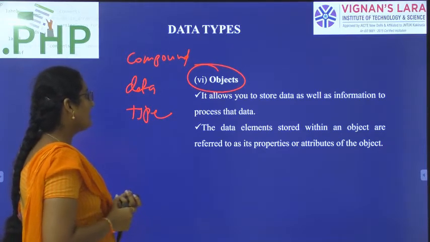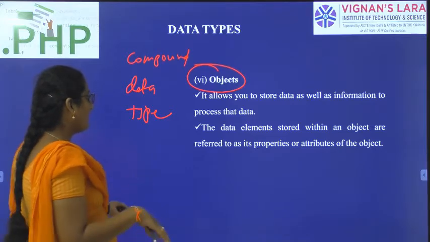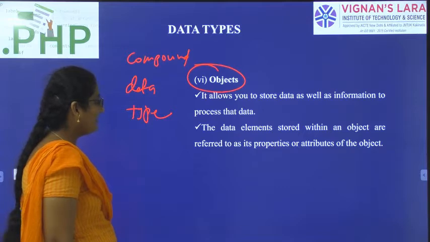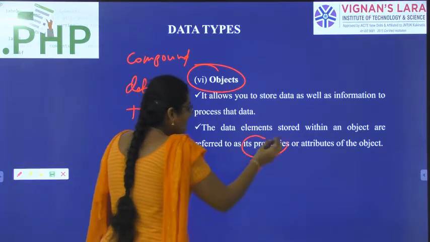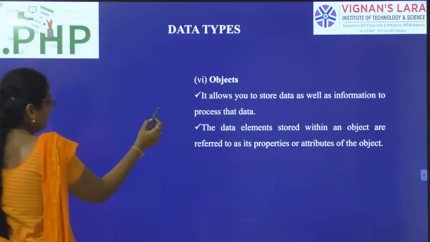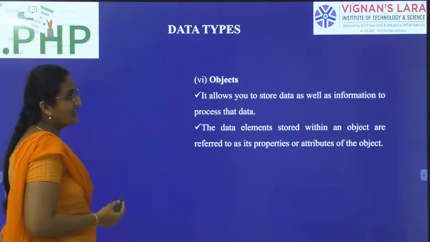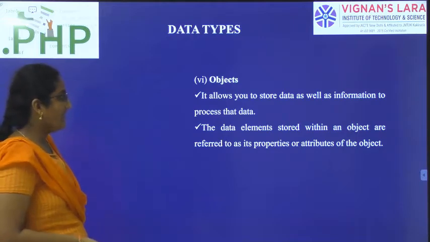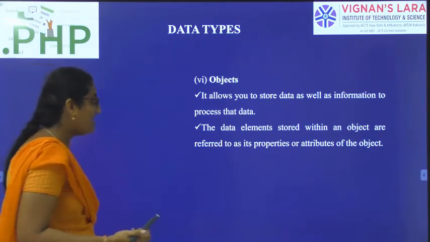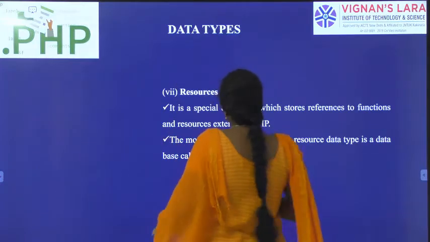So object is nothing but which will allow you to store the information or store the data. The data elements within the object are referred to as properties or attributes of the object. In the object you can store the data, you can store the information.